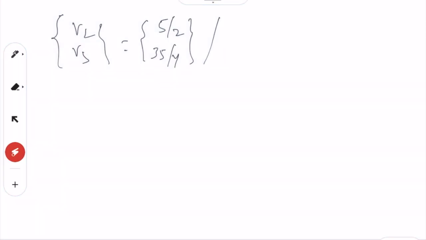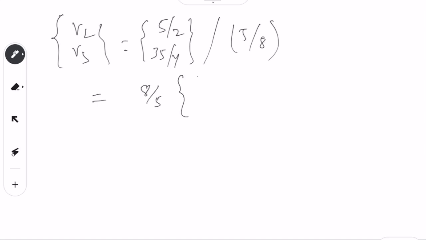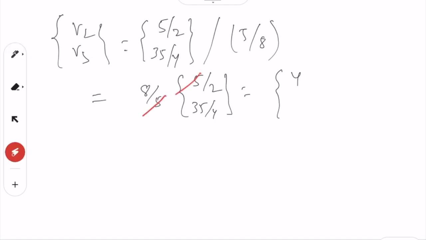So we divide by 5 over 8, and simply what we get is 8 over 5 multiplied by 5 over 2, 35 over 4. The 5 cancels out, we have 8 divided by 2 equal to 4. In this case we have 7 here, and 2 times 4 is 8 here, so 14. So what we get is 14 here.